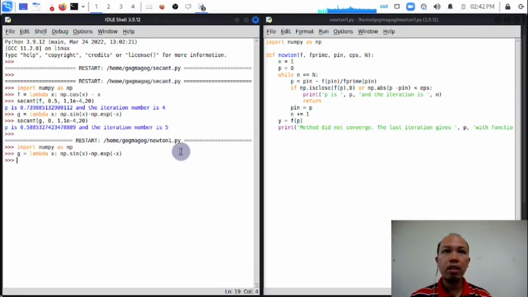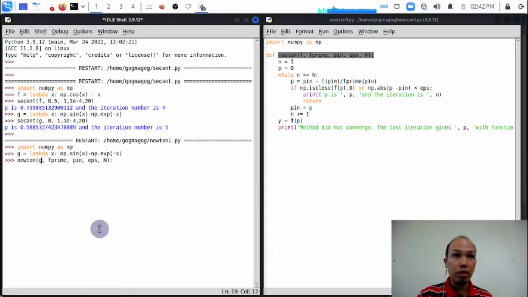Okay, enter, and then we have to copy this. Okay, so let's replace this one by g, and then what's the derivative? Our starting guess is 0. Our tolerance is 1 times 10 to the negative 4. Now our iteration is 20.